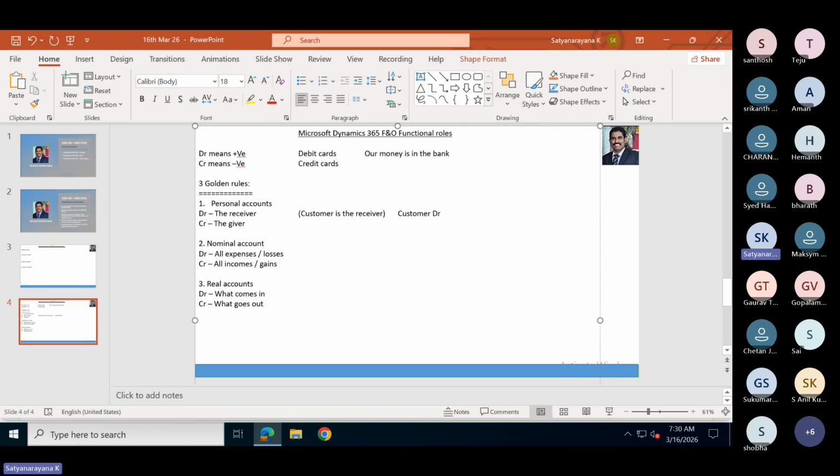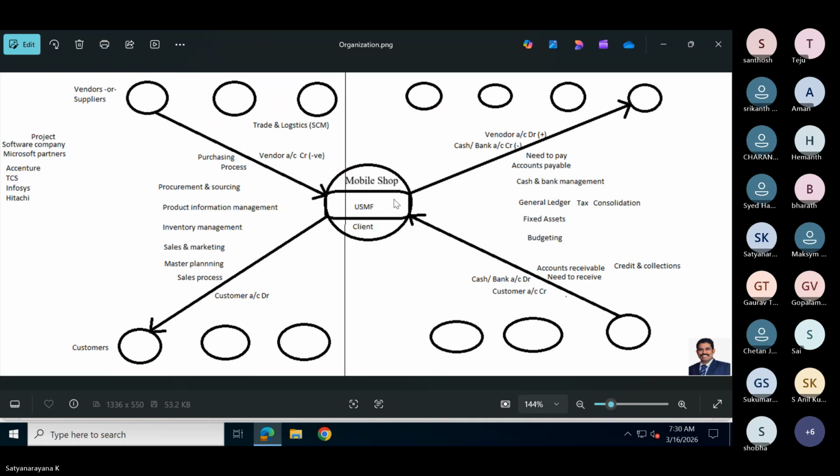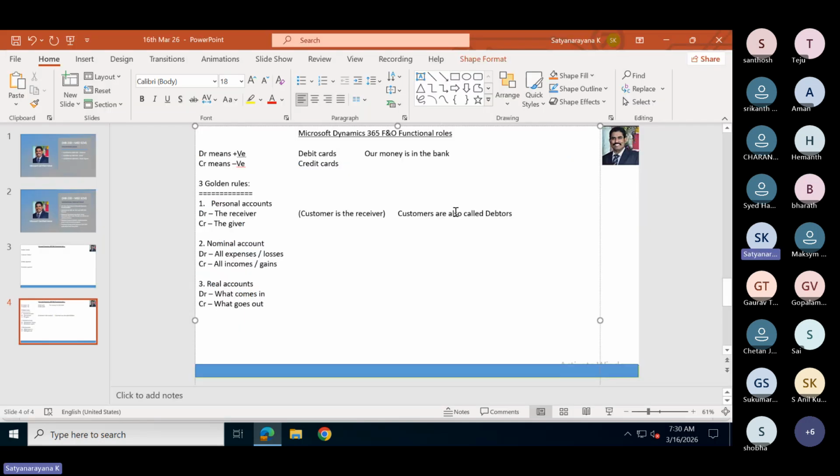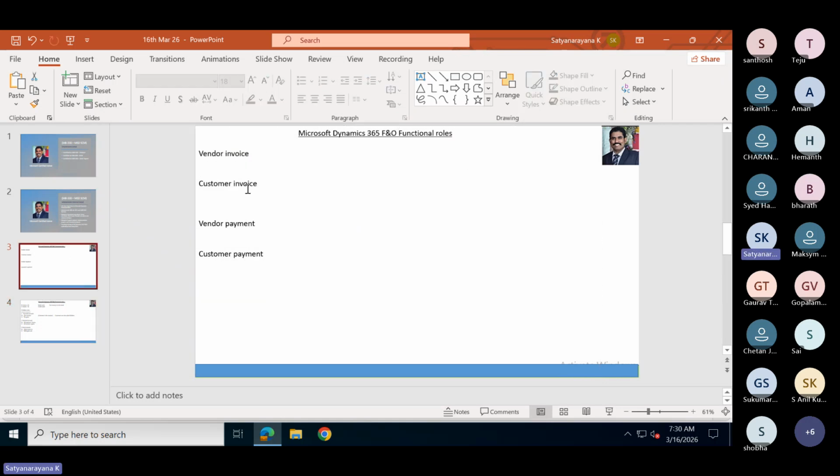Customer is also called debtors. What do you mean? Your money is with the customer. Customers are debtors. So at the time of customer invoice, customer account will be debited.